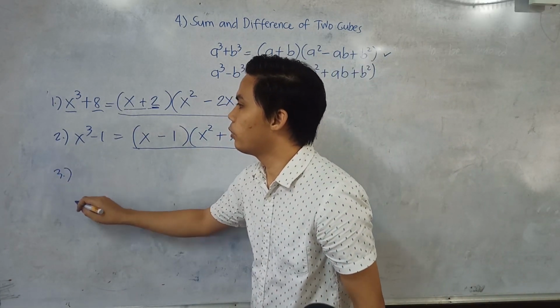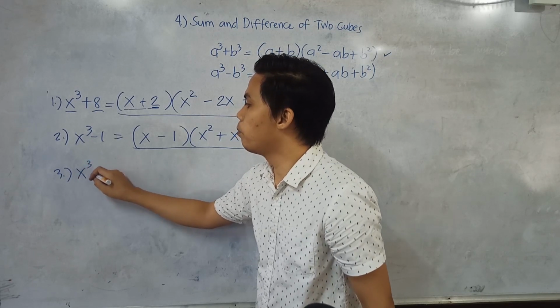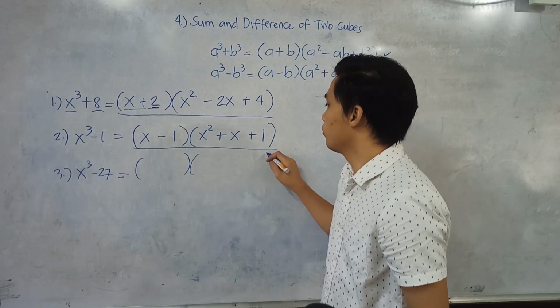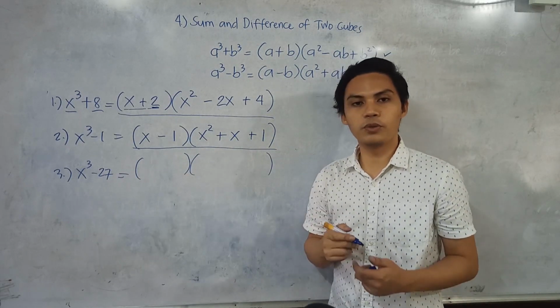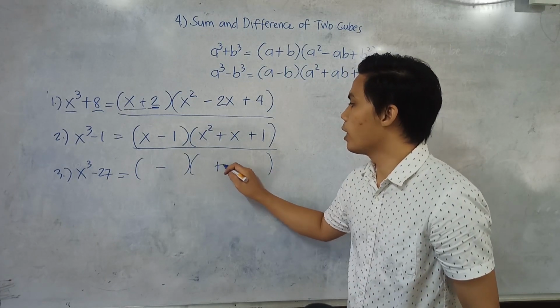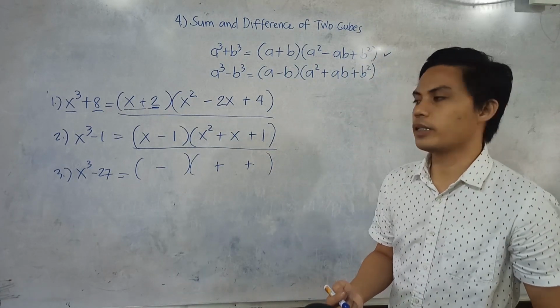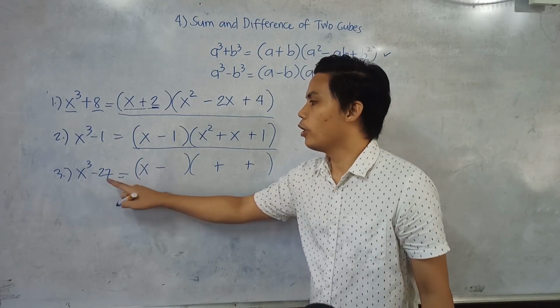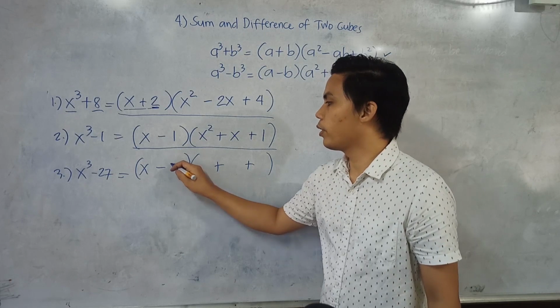Okay, let's have another one. X cubed minus 27. Difference of two cubes, therefore yung signs natin ay minus, plus, plus. Okay. Cube root of the first term, x. Cube root of the second term, 3.